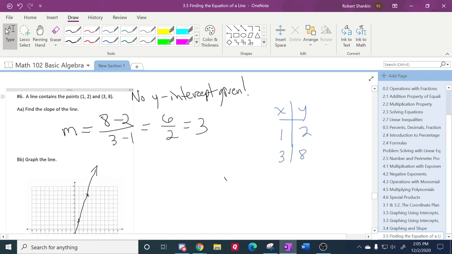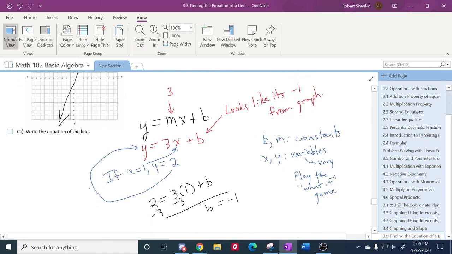So, I could have plugged in 3, 8. Well, let me show you. If I had plugged in 3, 8, if x is 3, y is 8. Plug those in. 8 equals 3 times 3 plus b.